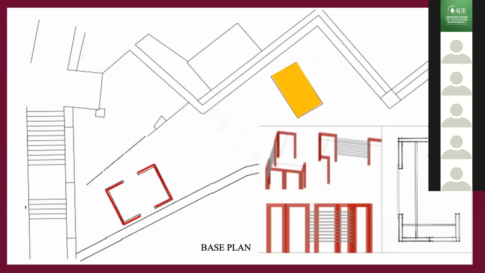Next. So this is the base plan of the zoomed-in site that Raneem showed of AUB's tennis courts, which is the one on the back. In red, we can see the structure in conception. So this is how we conceptualized the structure. And in yellow, we can see where the flotation unit is, where the concrete slab that was already mentioned is. This is where the flotation unit was going to be positioned.